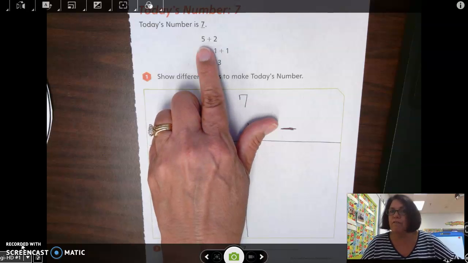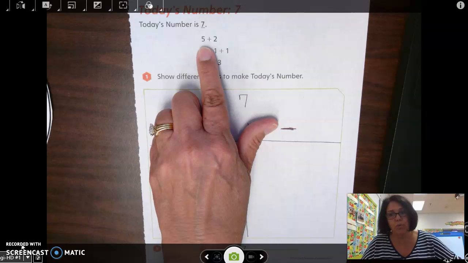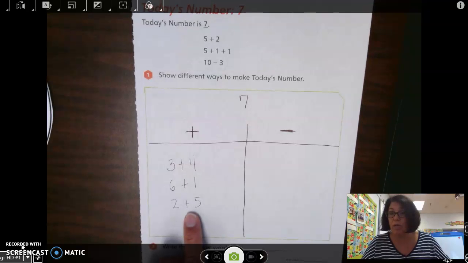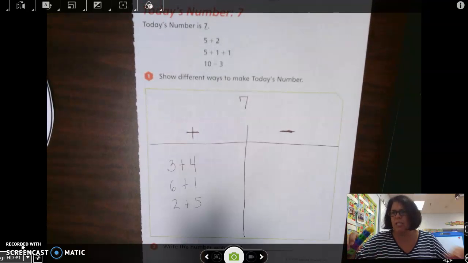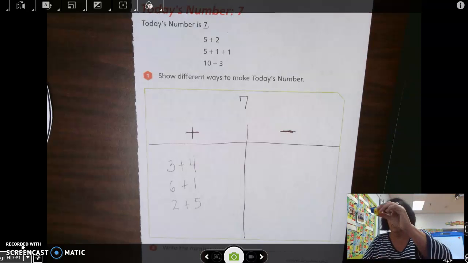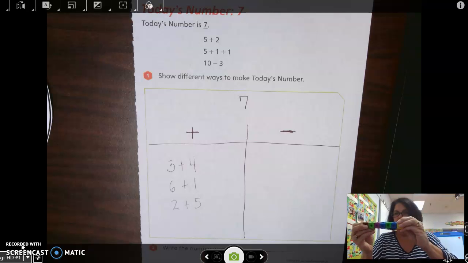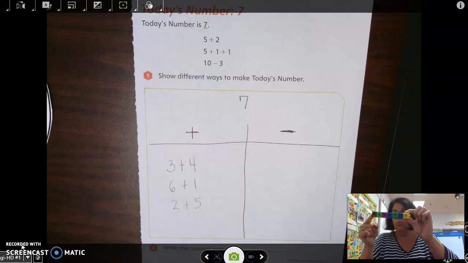So we know that 5 plus 2 equals 7. So 2 plus 5 must also equal 7. But let's make sure just to see. Let's take our cubes. I've got my 2 here. And I'm going to bring along 5 more. 1, 2, 3, 4, 5. Put them together, and let's see. 7 again. So really, we've learned order doesn't matter.